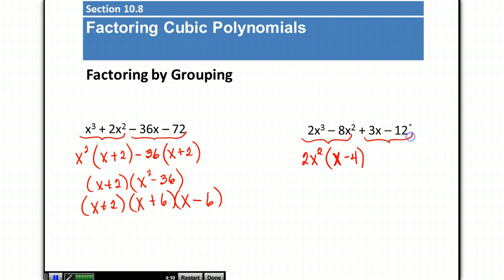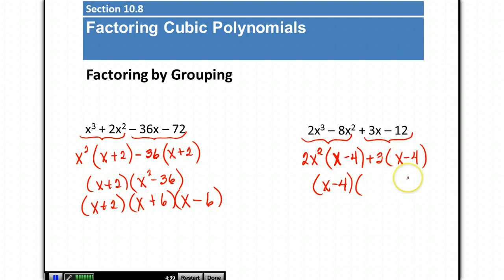For these next 2 terms, what do they have in common? 3. We take out a positive 3. If we divide each of these by positive 3, what do we have? X minus 4. What do these 2 terms now have in common? X minus 4.